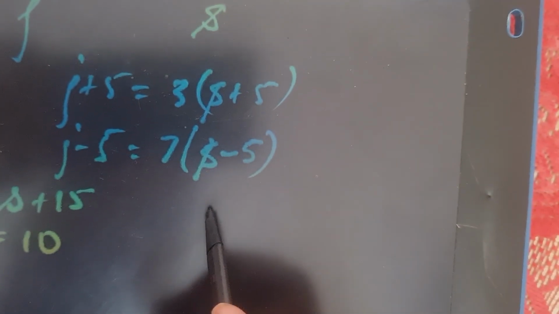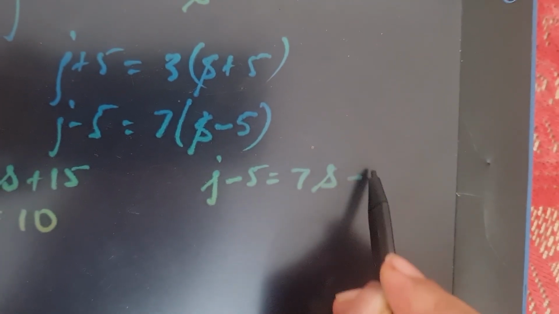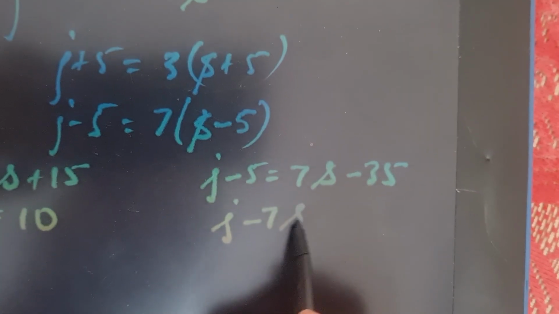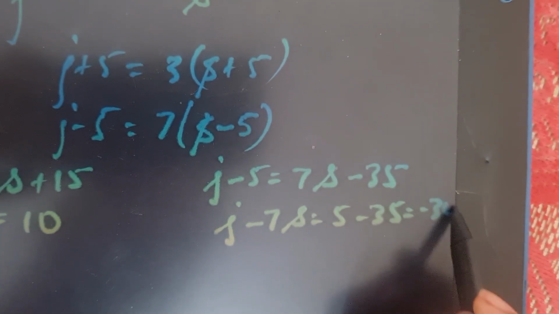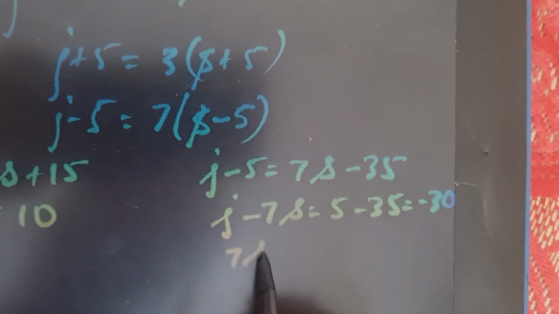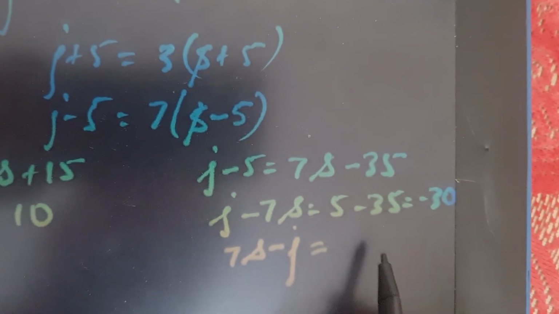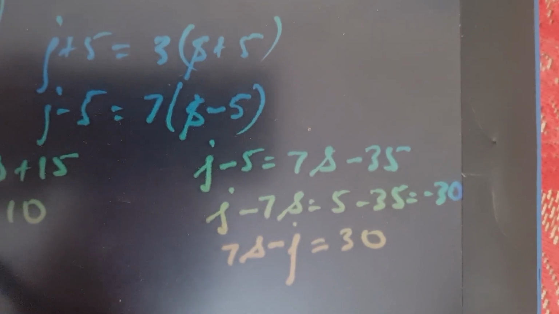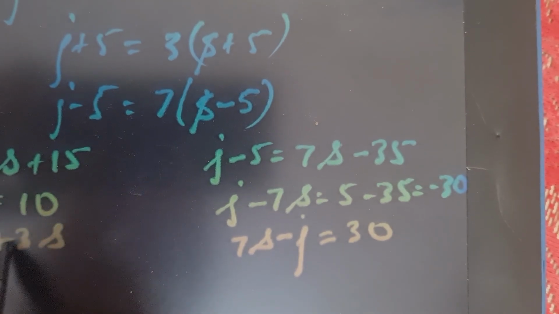Here J minus 5 is 7S minus 35. So J minus 7S is 5 minus 35, which is equal to minus 30. So 7S minus J is 30. Now take the value of J from here, 10 plus 3S.